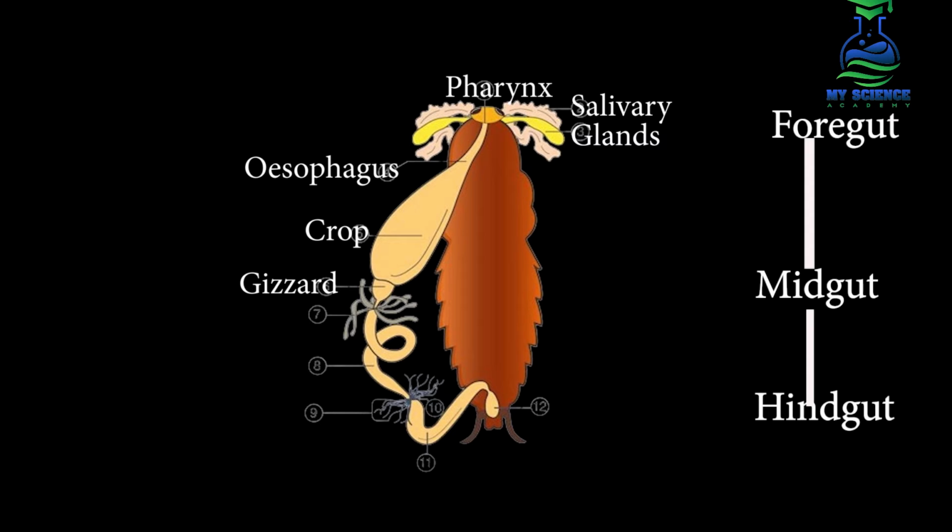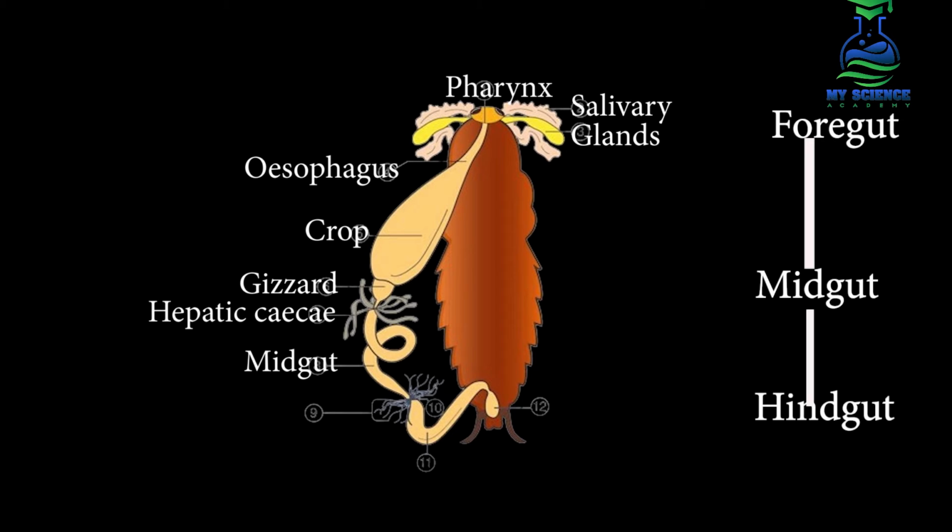Gizzard is a muscular organ that mechanically grinds the food and transfers it to the next part of the gut, that is midgut. Here at the junction of foregut and midgut, finger-like projections are present which are known as hepatic caecae. These are 7 to 8 in numbers and they contain some additional enzymes which are responsible for the absorption of nutrients.